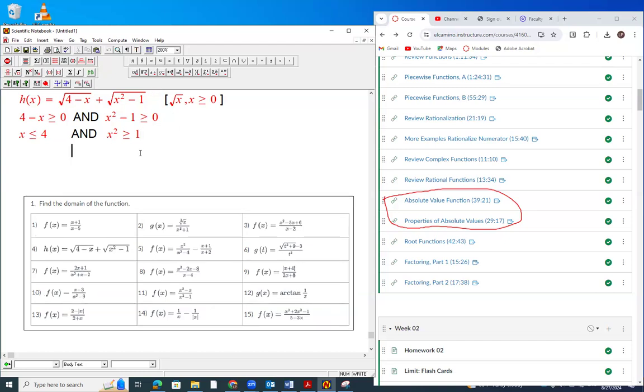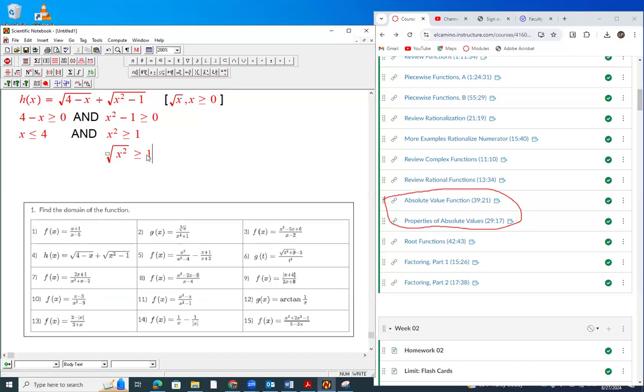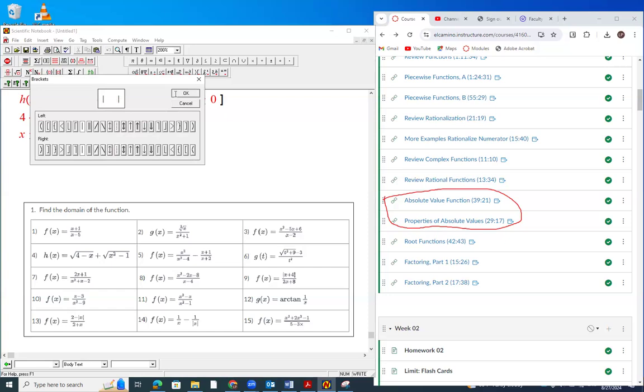How do we solve this latter inequality? Well, we take the square root on both sides. The square root of 1 is, of course, 1. And the square root of x squared is the absolute value of x.